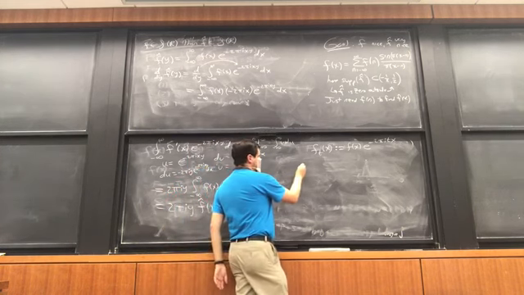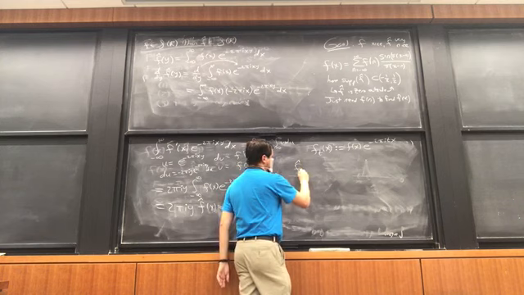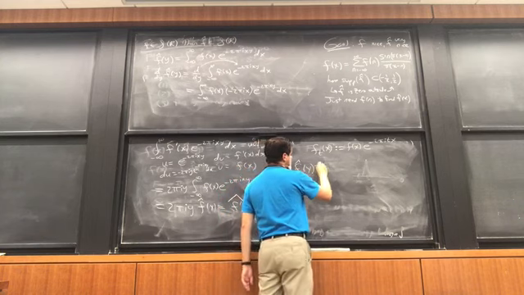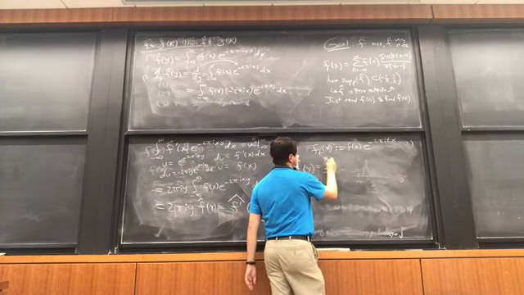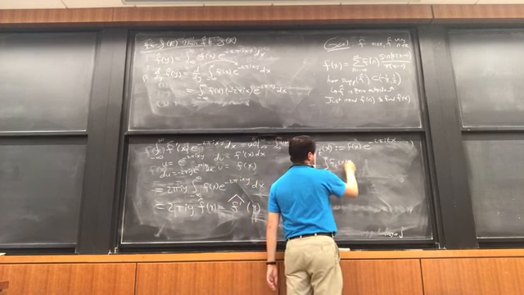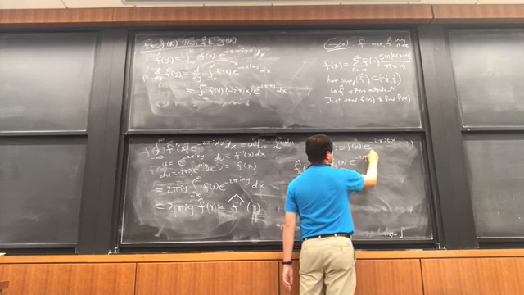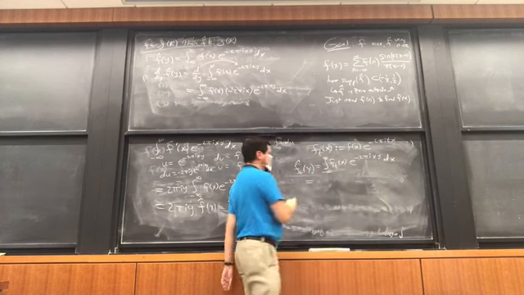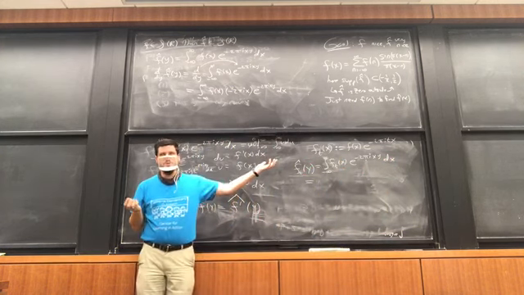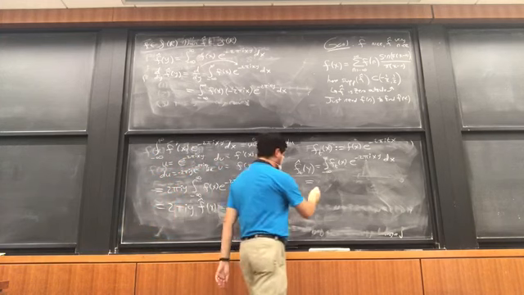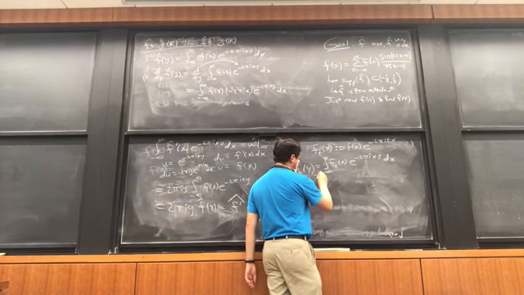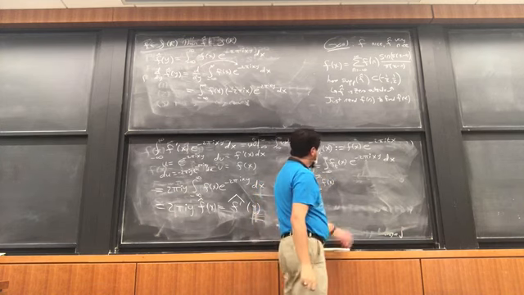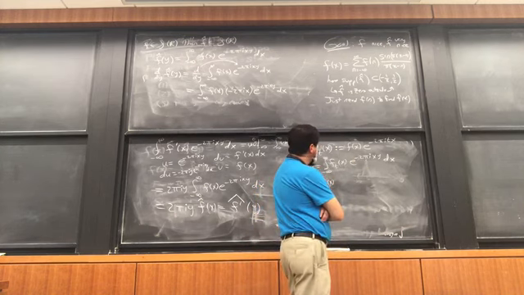Well, let's compute it. F hat of the function f sub t of x, so now evaluated at y, is the integral from minus infinity to infinity of f sub t of x e to the negative 2 pi i xy dx. So it should be clear what we do. We substitute for what f sub t is, and we will get the integral from minus infinity to infinity of f of x, and then we have an e to the negative 2 pi i tx.